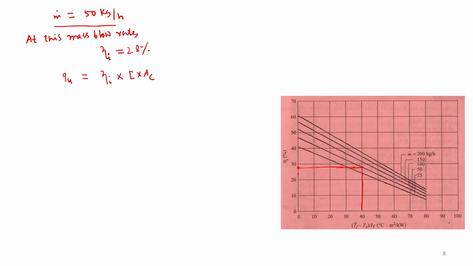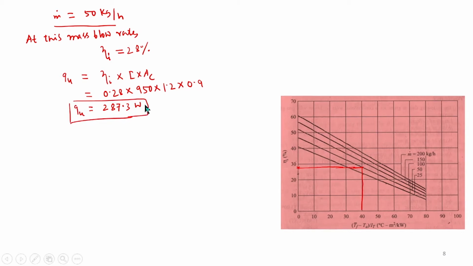If we substitute the values of instantaneous efficiency, which is 0.28, multiplied by 950, and then AC is 1.2 meter by 0.9 meter, and do the calculation, this QU is found to be 287.33 watt as per my calculation. So, QU is found to be this one.